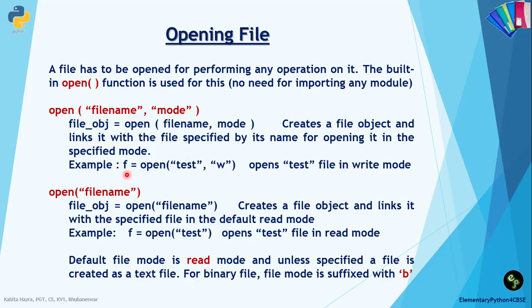For example, if we write f equal to open file name as test and then mode as w, this means that f is the file object which is linked with the file test, and it is opened for writing. So this opens the test file in write mode.